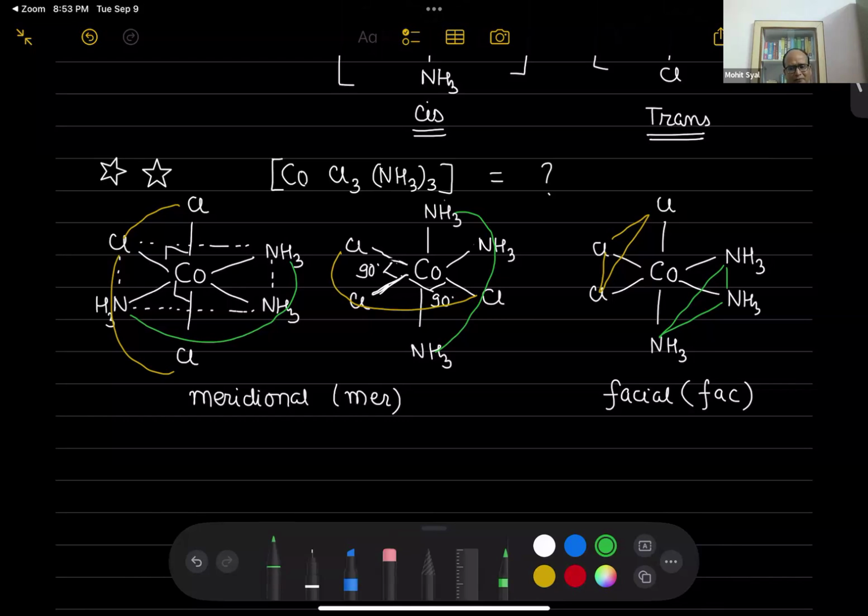So facial will have the three Cl atoms, or the three ligands which are the same, on the same face. Okay. And in meridional, when you put the three same ligands and try to connect them, you will observe semicircular lines being formed. Got it? Is that clear to everyone? Any doubts on this?